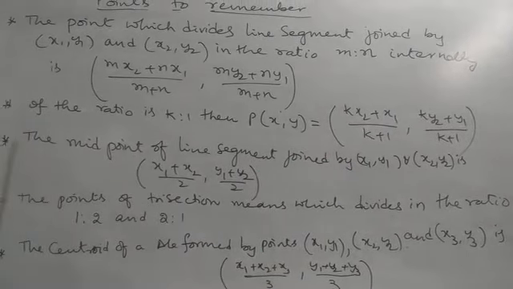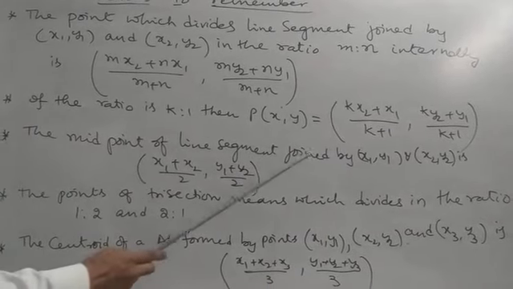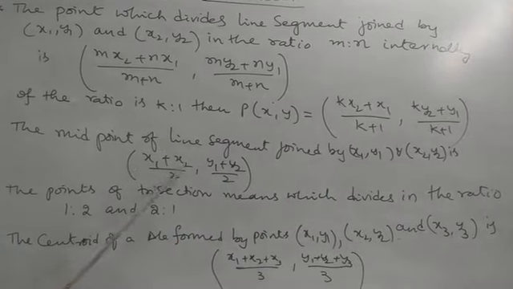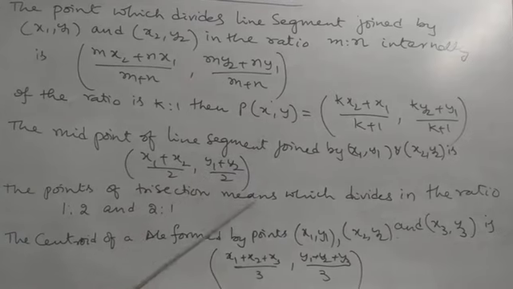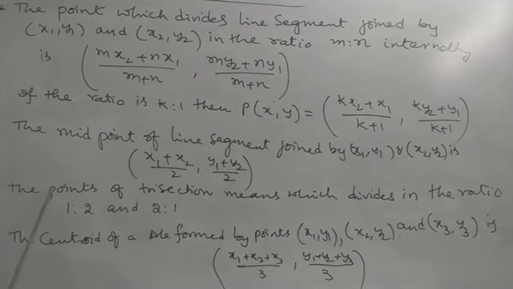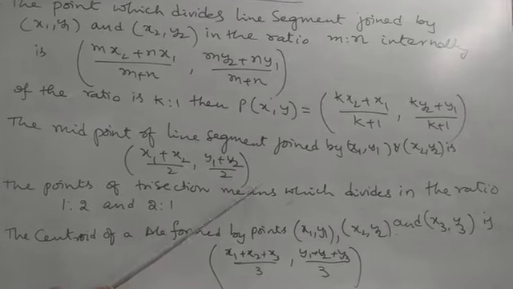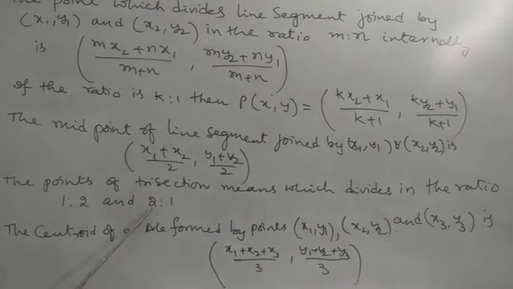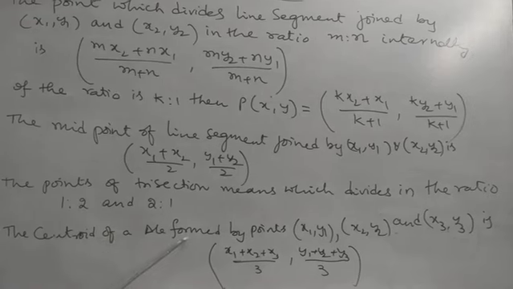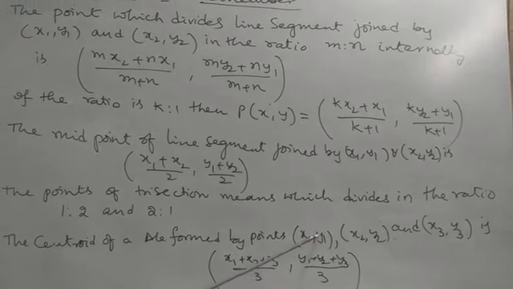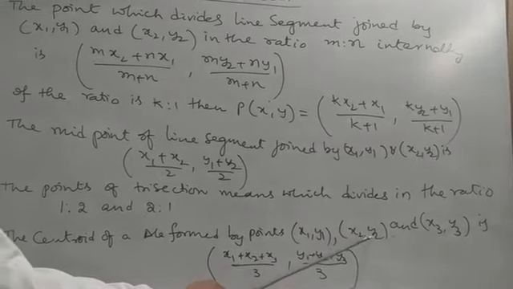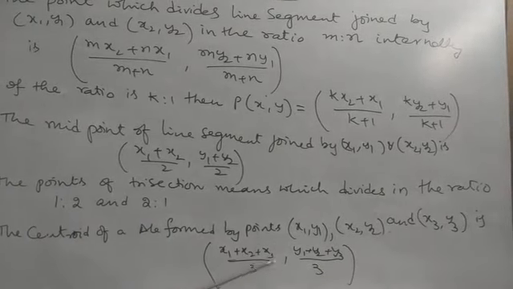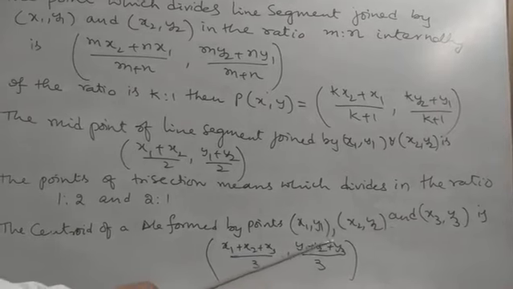The midpoint of the line segment joined by (x1, y1) and (x2, y2) is ((x1 plus x2)/2, (y1 plus y2)/2). The points of trisection mean those which divide in the ratio 1 is to 2 and 2 is to 1. The centroid of a triangle formed by points (x1, y1), (x2, y2) and (x3, y3) is ((x1 plus x2 plus x3)/3, (y1 plus y2 plus y3)/3).